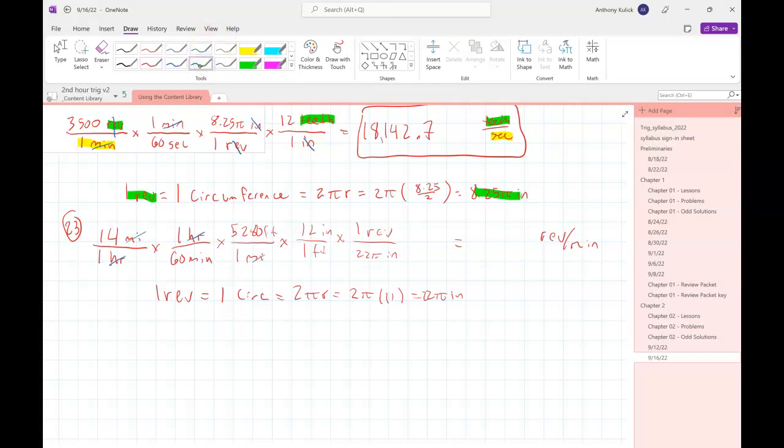So if I do that, miles will cancel with miles, feet with feet, inches with inches, and we're left with revolutions per minute. And now it's just to multiply it out. Can I leave that part for you guys? Once we've done the setup, the multiplication on the calculator is probably pretty easy. And since it's an odd one, you have the answer in the back, which I think will be good to just make sure you can get it in your calculator correctly to check on that.